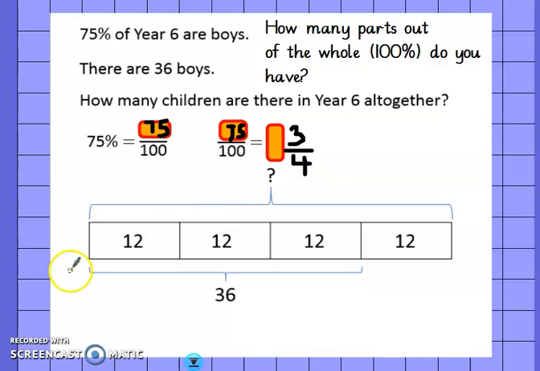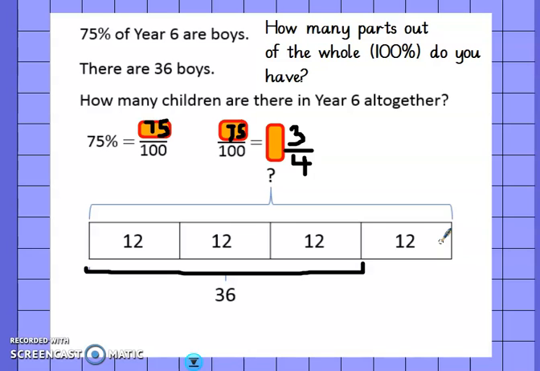So that's how we know 3/4 of our number in total are the 36 boys. So let's split that up so that we know what each quarter represents. So we need to do 36 divided by 3. That would give us 12. And our last quarter would be 12 as well.